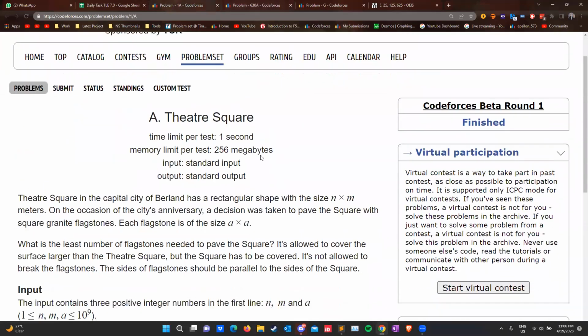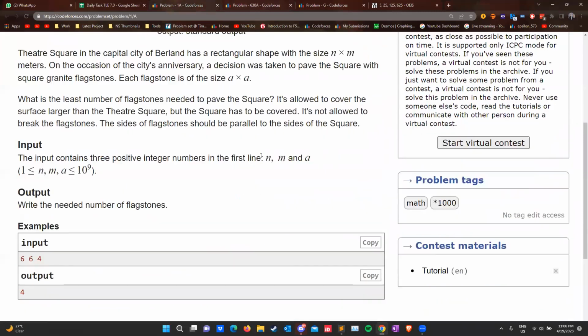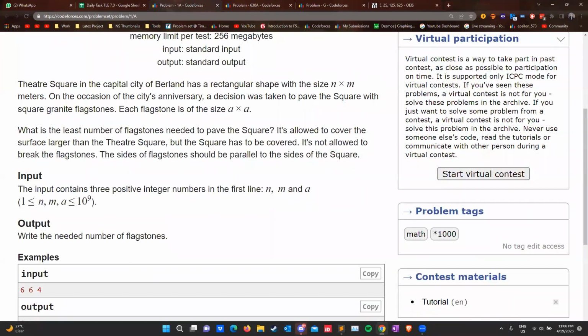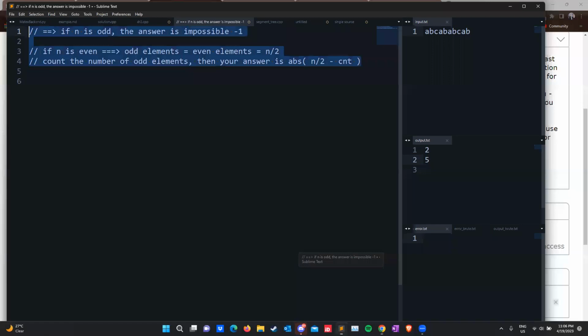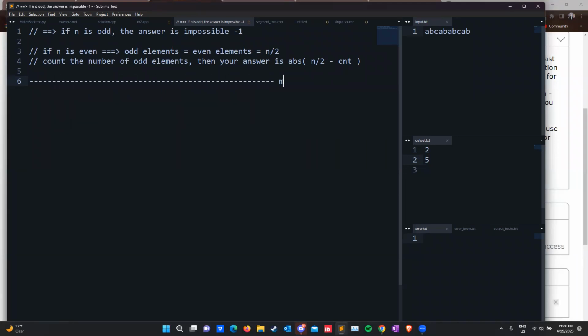Then we have this one, Theatre Square. This is a kind of okay problem. In this problem, we have been given a theatre of size m cross n. Let's say this is your length m, and then we have some height, let's say n, and a width of n.